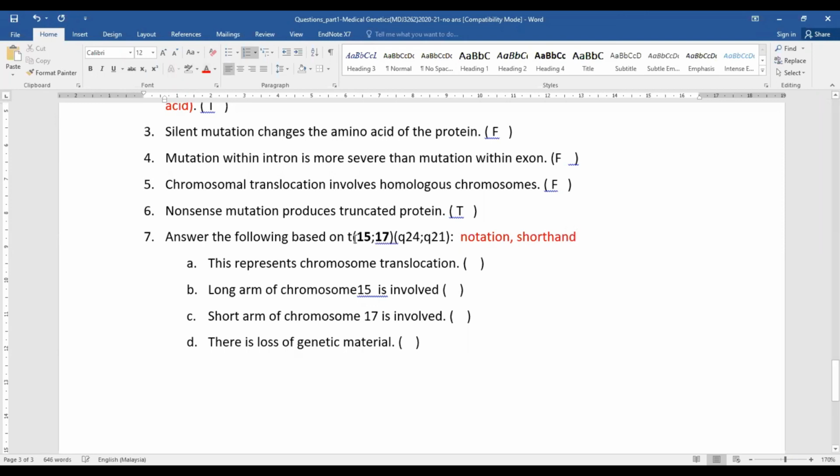So this tells you that it's a chromosome translocation, right? That represents chromosome translocation. True. It tells you that it involves two chromosomes, chromosome 15 and 17.